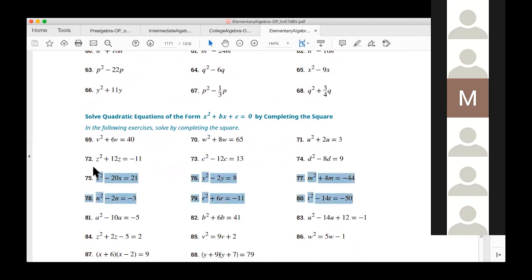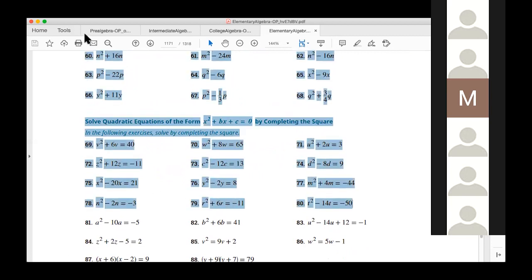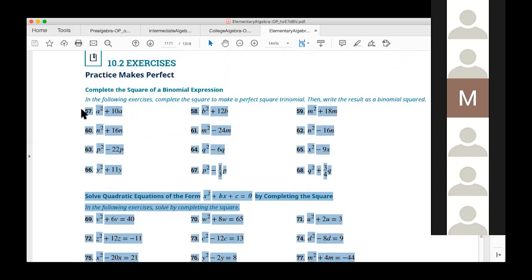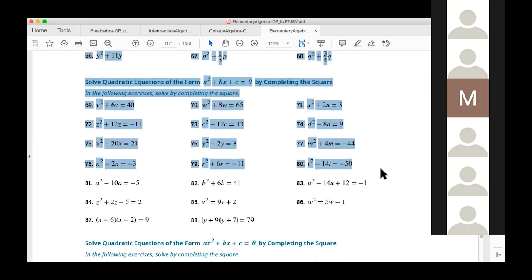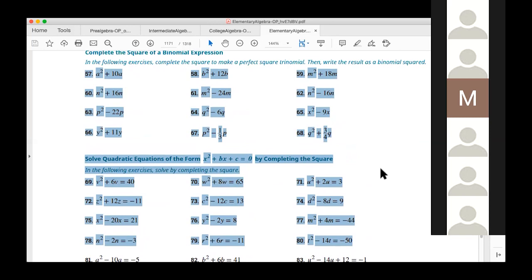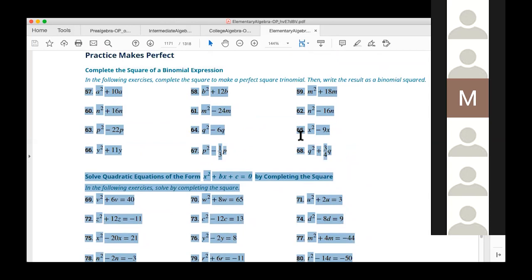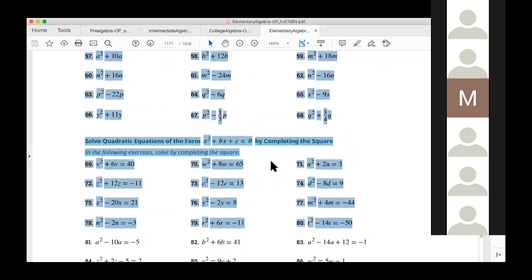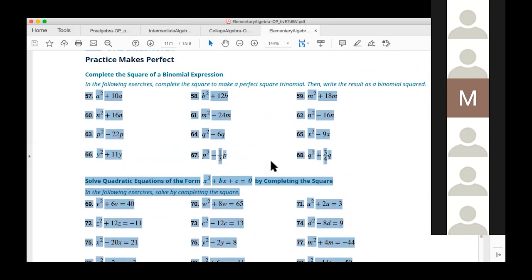Question: what page number are you on? Because I can't see it anywhere. Top middle here. Oh, got it. Okay, thank you. So the 57 to 80, right?